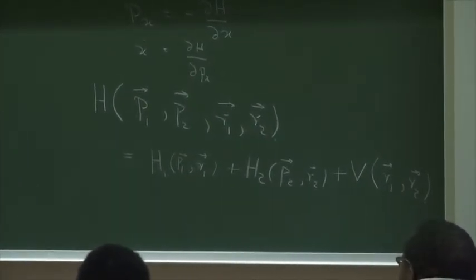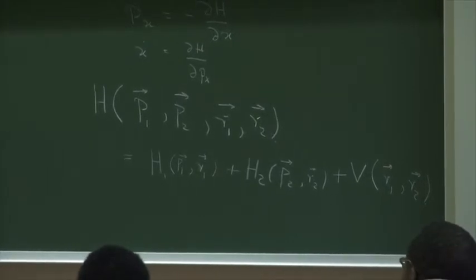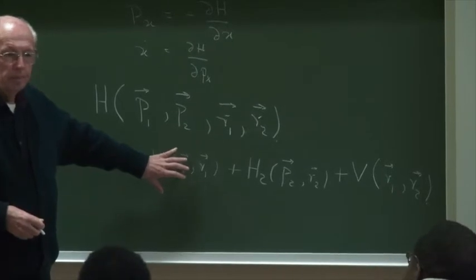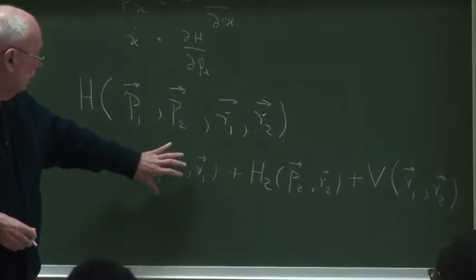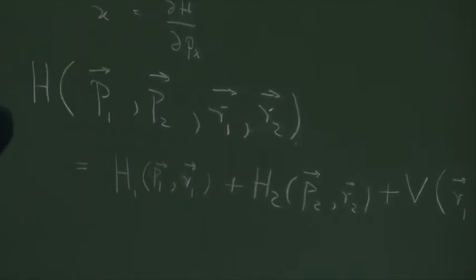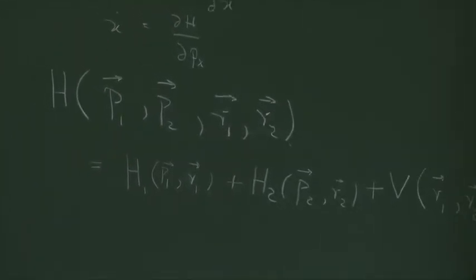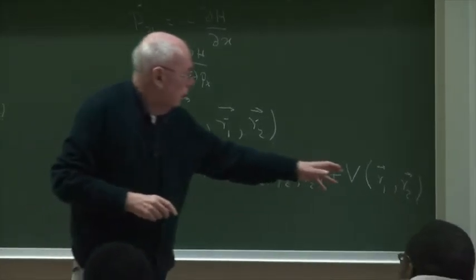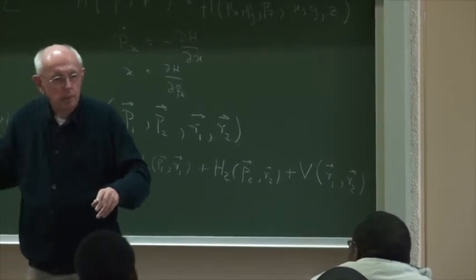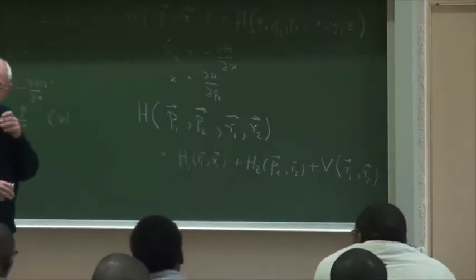And this I can again expand. I can have many particles here, and they all interact with each other. And so then I will have R1 interacting with all the other particles, and so on. And so it is just a complicated business.